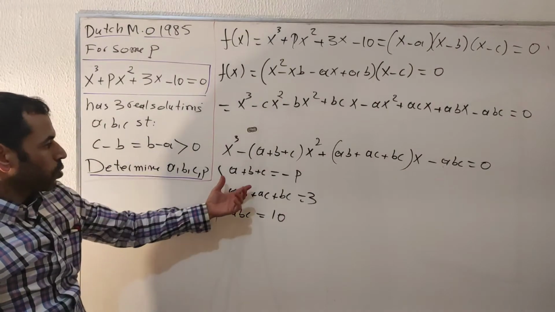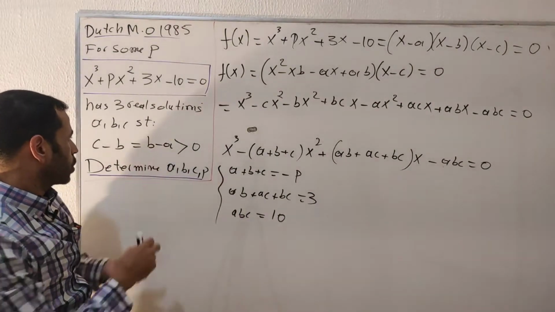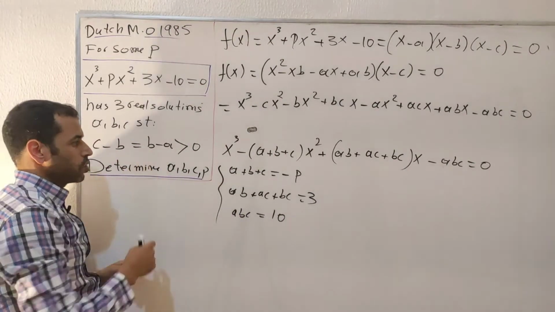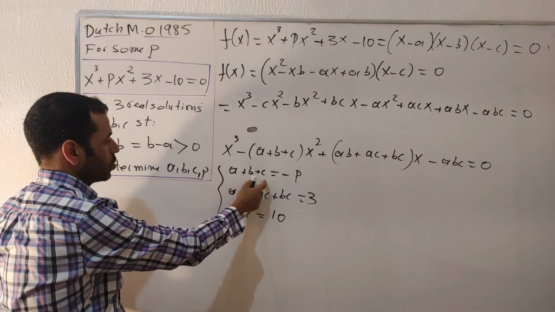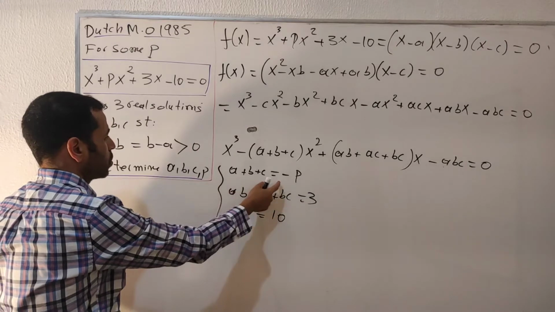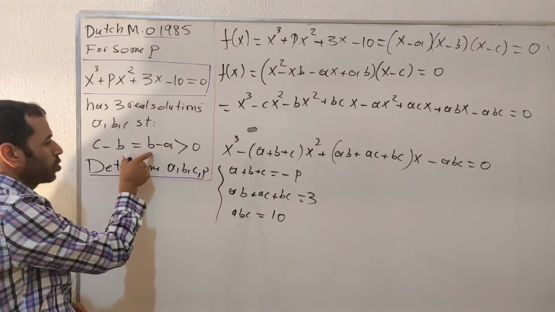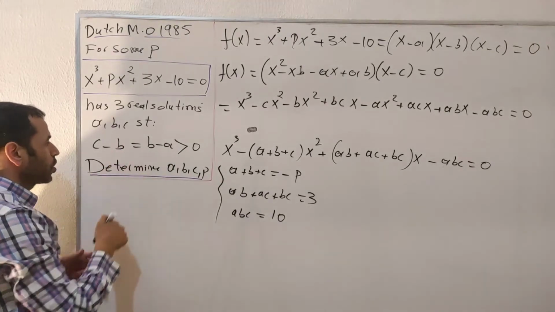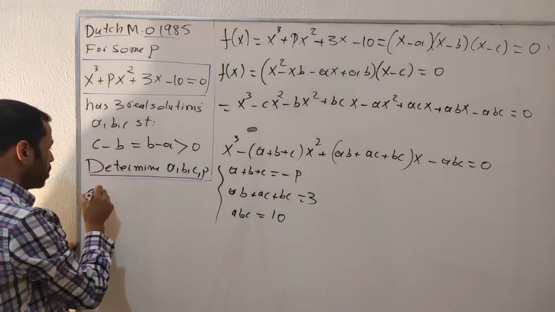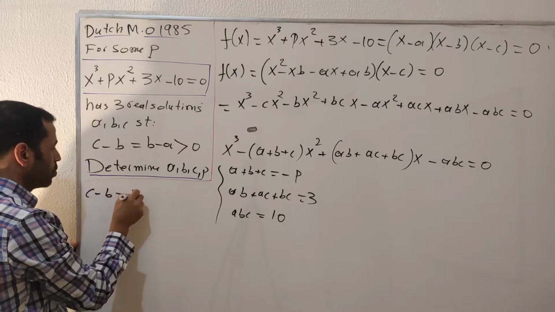Then in order to solve this, I'm going to work on the condition first. Looking at the first equation, the sum of these terms equals minus p. I write the condition by moving minus a to the left and b to the right: c minus b equals b minus a.